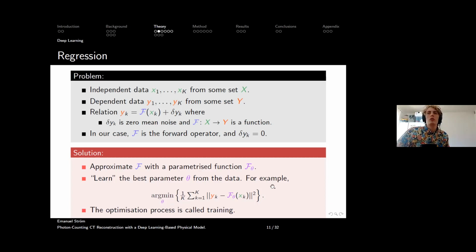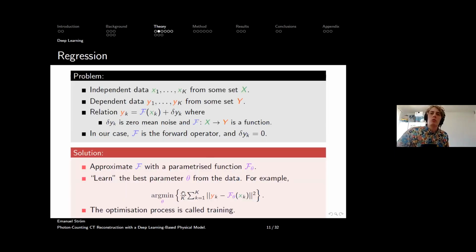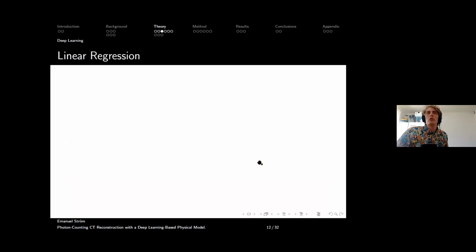Okay, so to start off with a simple example, right? Because you might wonder, sure, you say that we parameterize this function, but how is this done? So in linear regression, the way that we do this is, suppose that the data here is just a set of numbers.